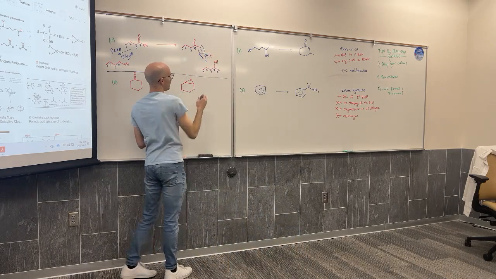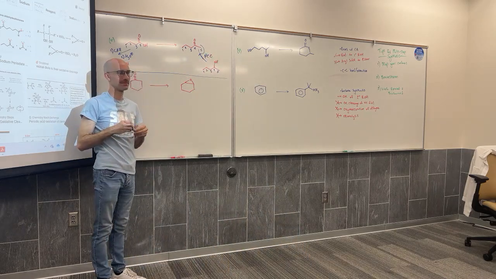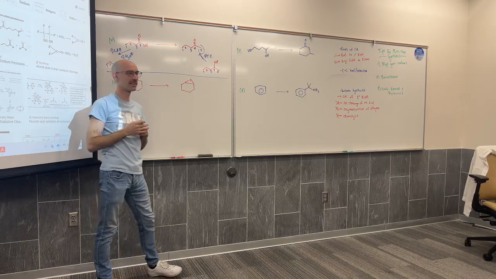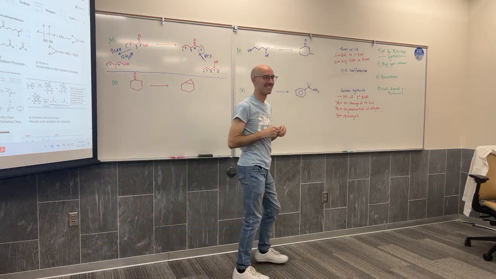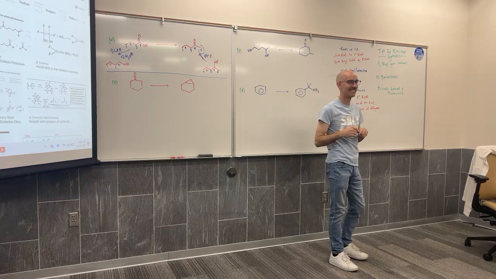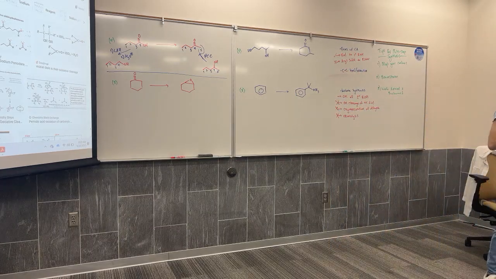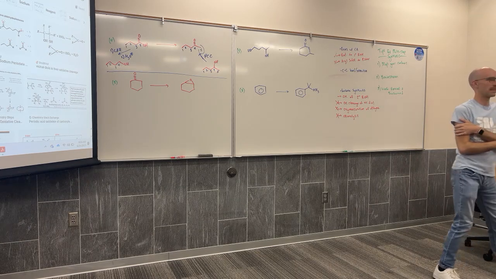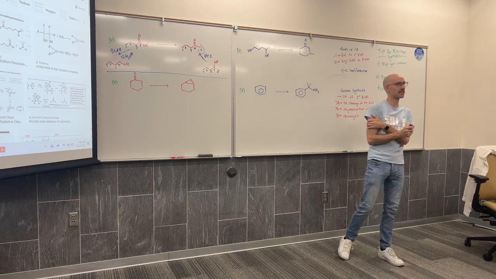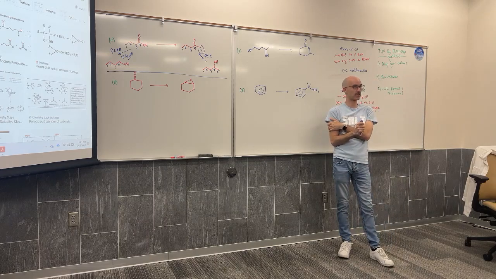And since PCC is easier to write out, can you remind me what PCC is? It's a mild oxidizer. Pyridinium chlorochromate. Mild oxidizer. Think about these oxidizers needing acidic conditions to help run the reaction.